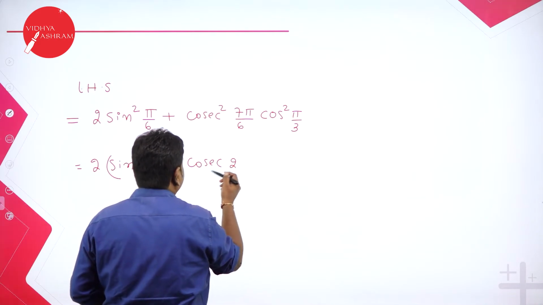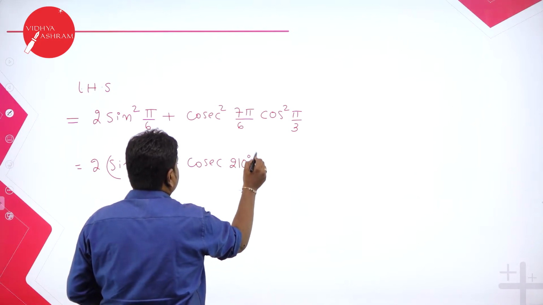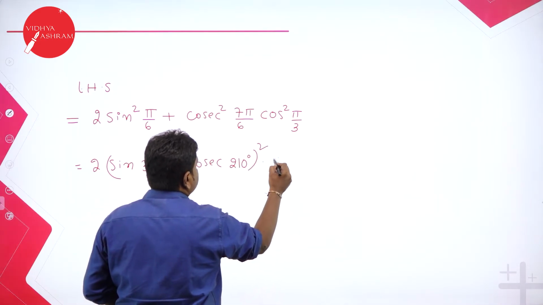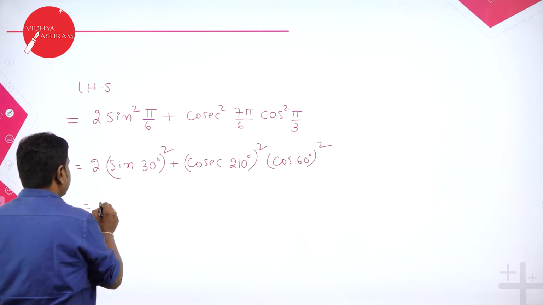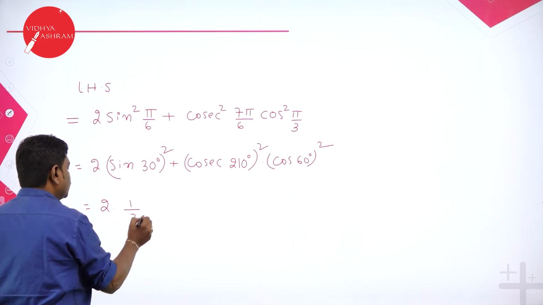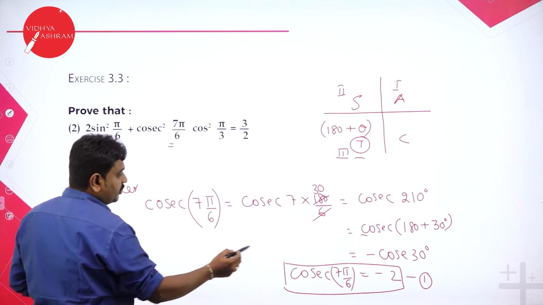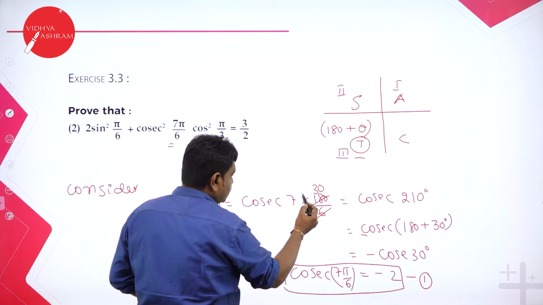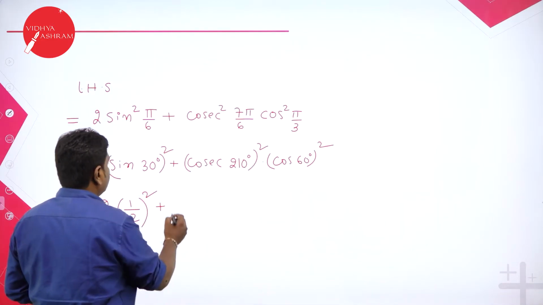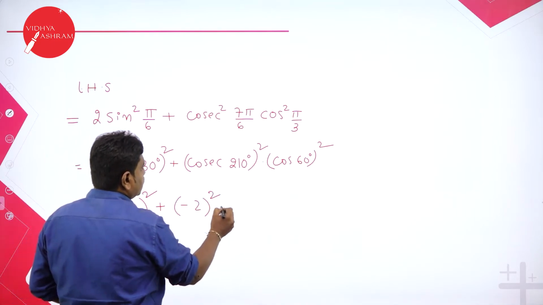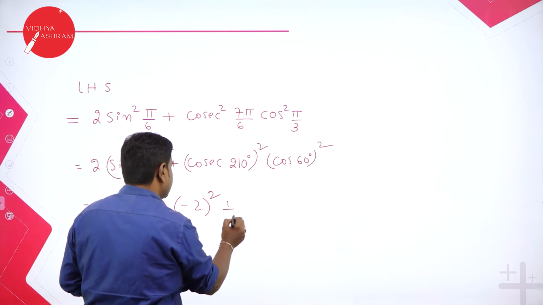And cos pi by 3 is 60 degrees, whole square. Now 2 times sin 30, what is sin 30? 1 by 2, the whole square. And from equation 1, cosecant 7 pi by 6, which is 210, is minus 2. So I'll substitute minus 2 the whole square into cos 60. What is cos 60? Half, whole square.